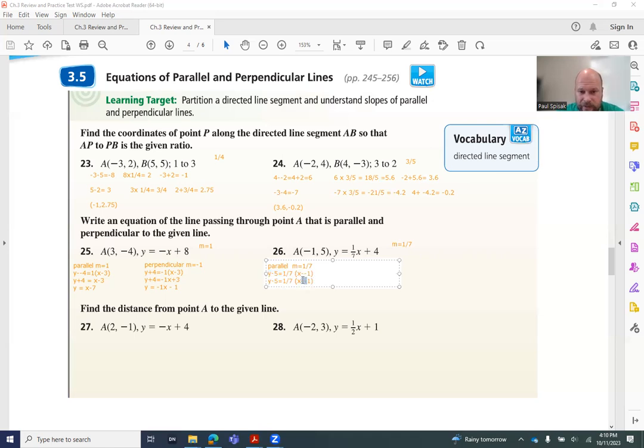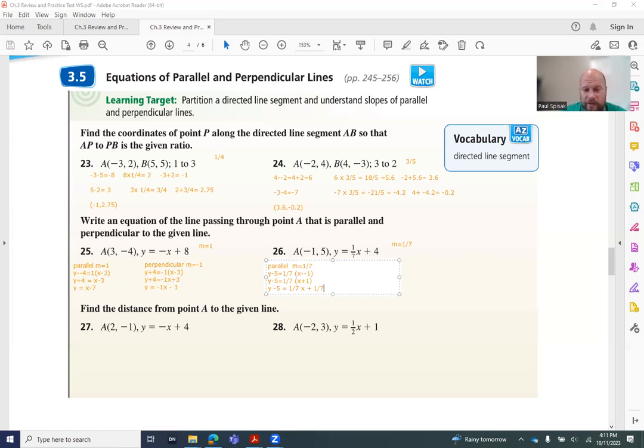Let me do that first so that we can see this better. All right, so now y minus 5 is equal to 1/7 gets distributed, so that's 1/7 x plus 1/7.